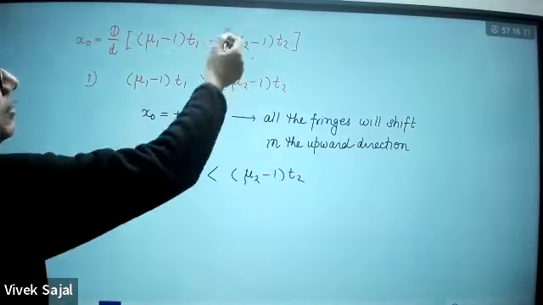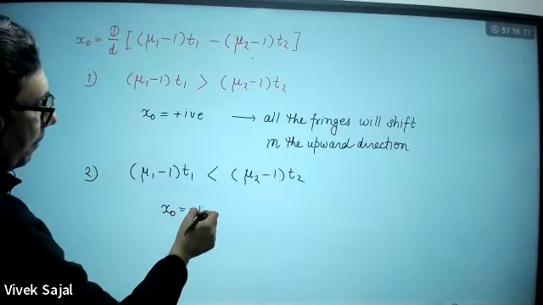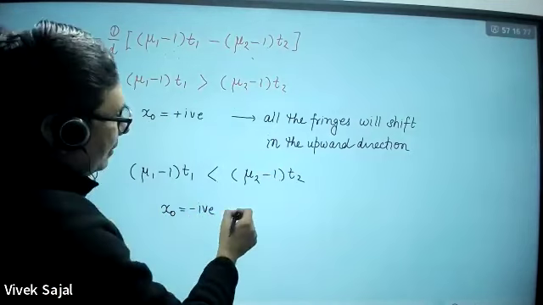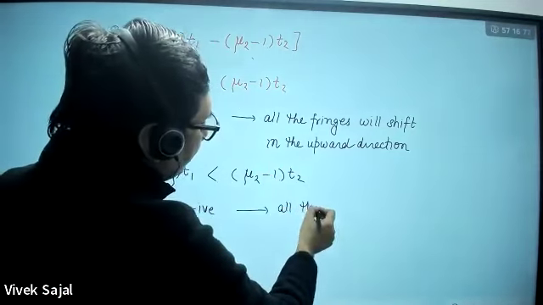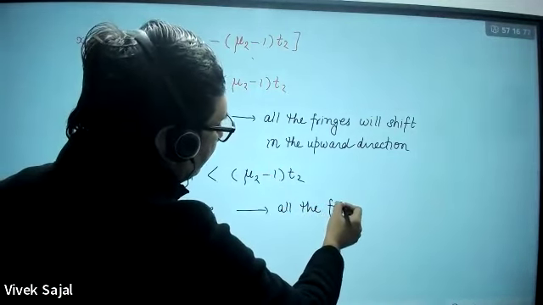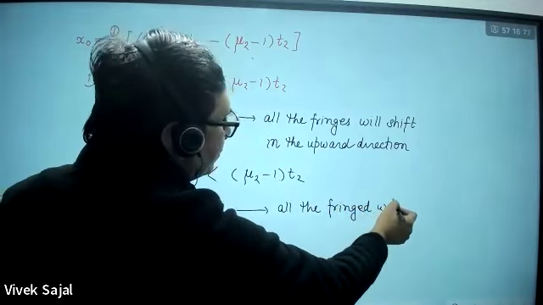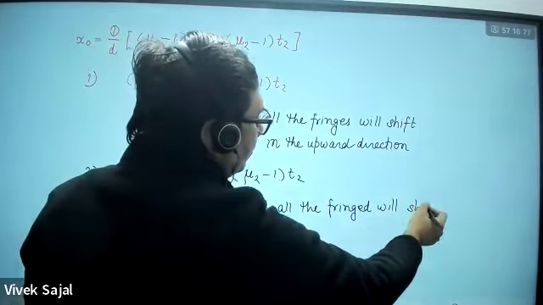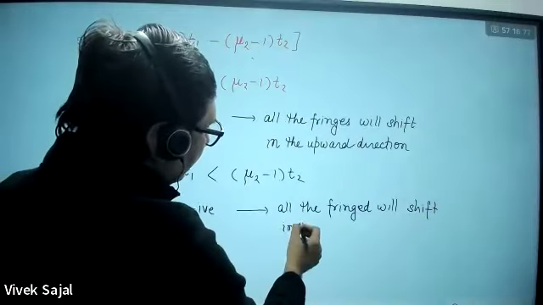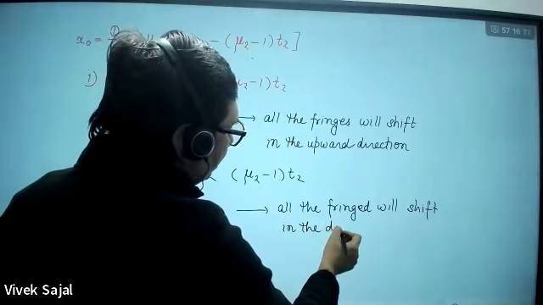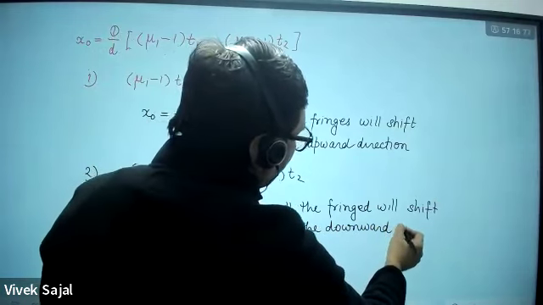In this case, this number is greater, so x naught will be negative, and all the fringes will shift in the downward direction.